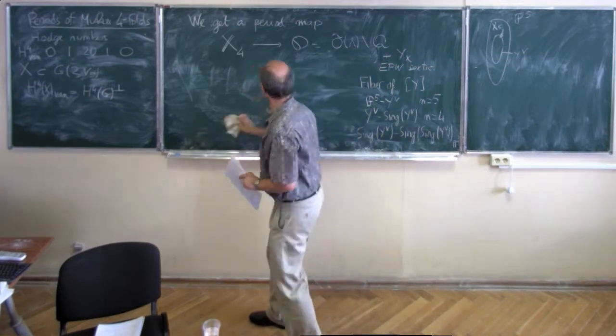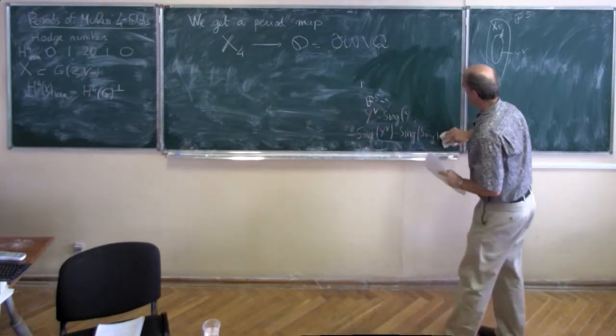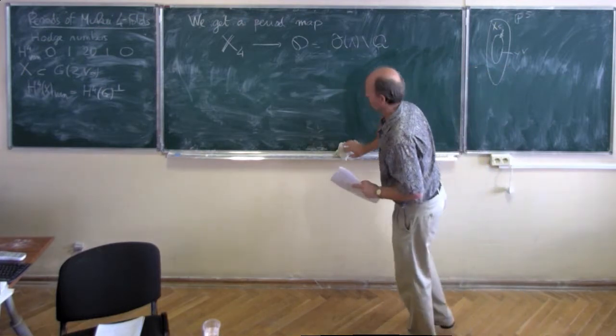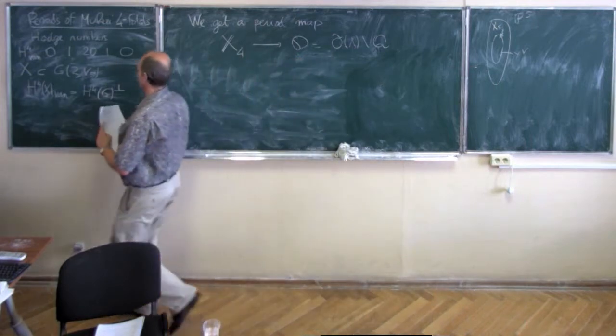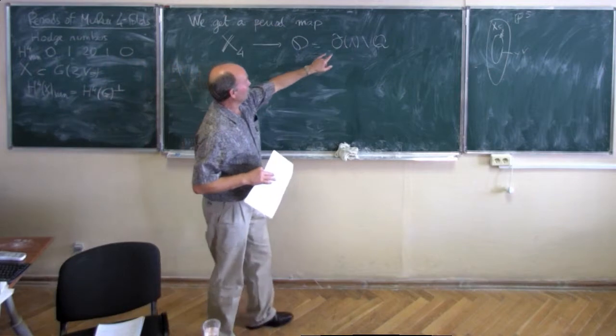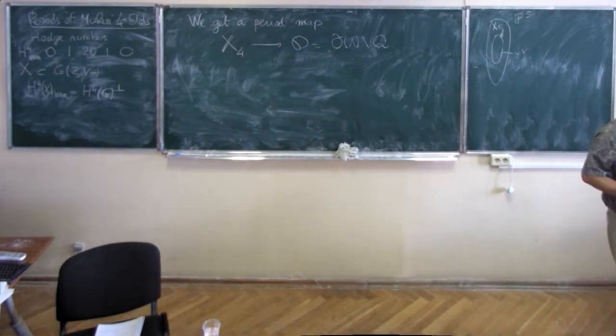So lambda, of course, is the corresponding lattice, which I mentioned, the vanishing lattice, which is fixed. And this is a subgroup of index 2 in the orthogonal group of lambda.